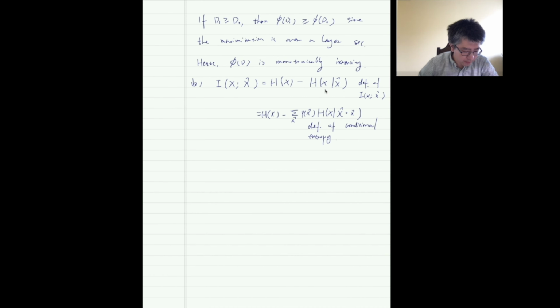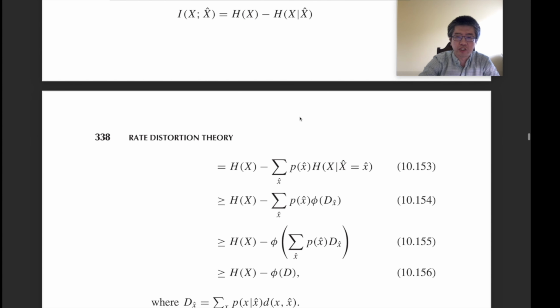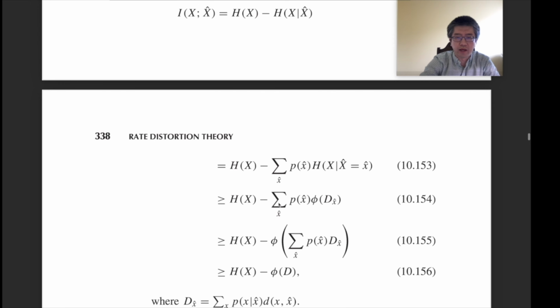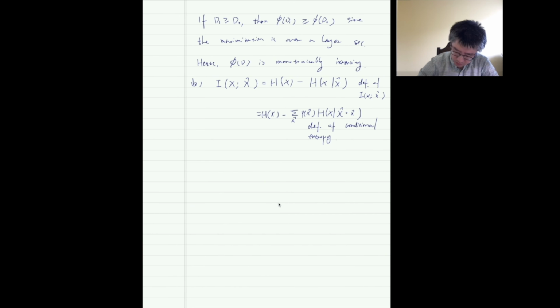The next step is that we show this is bigger than or equal to H(X) minus d(X, X hat).